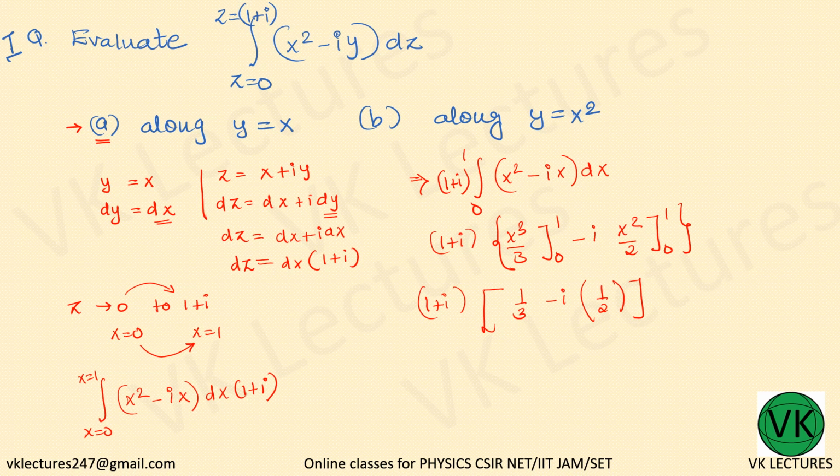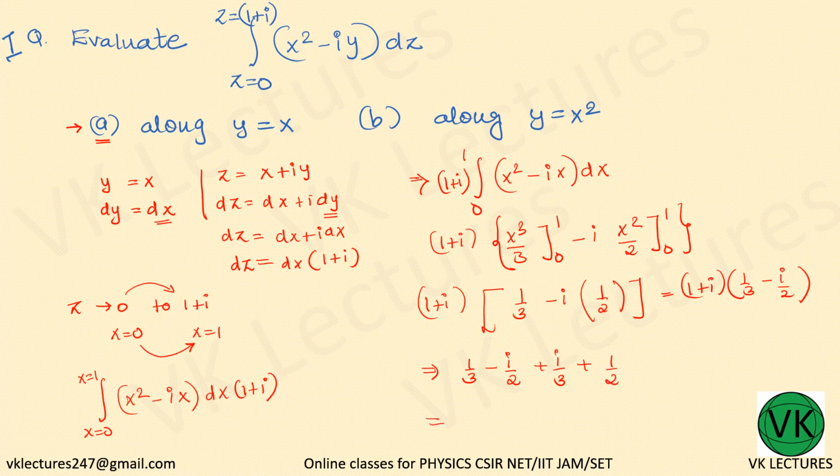Now what we can do is multiply each term. So this is equal to 1 plus i into 1 by 3 minus i by 2. That gives us 1 times 1 by 3 is 1 by 3, minus i by 2, plus i by 3, plus i times i is minus 1, minus of minus is plus, so 1 by 2.